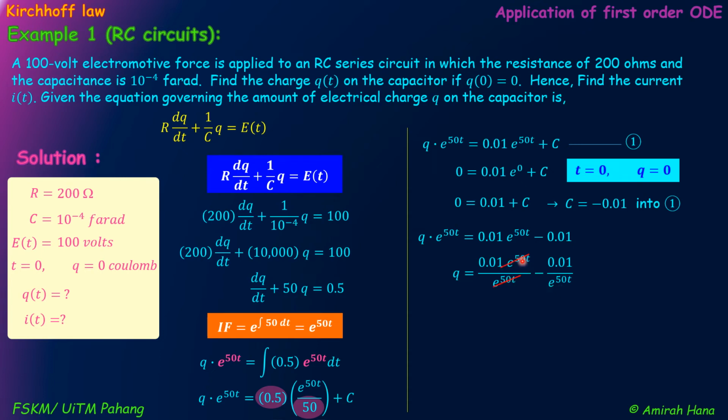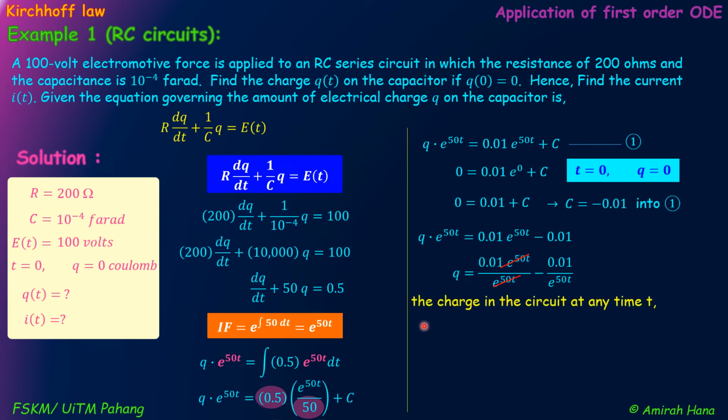After that, we can simplify e to the power of 50t in the numerator and denominator here. At the same time, we can move the denominator e to the power of 50t up here using the properties of indices.